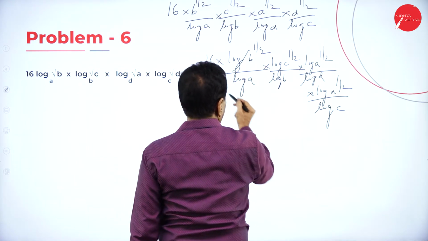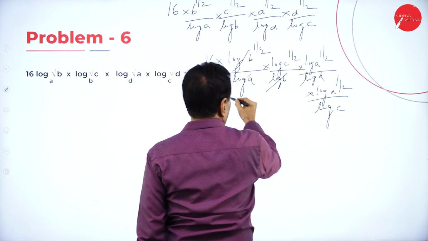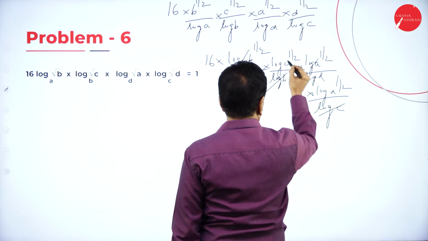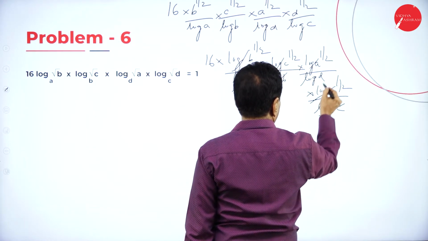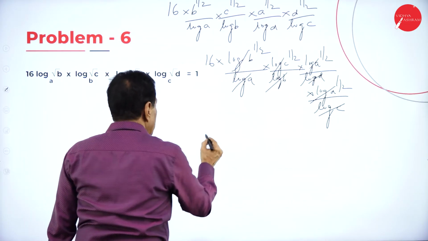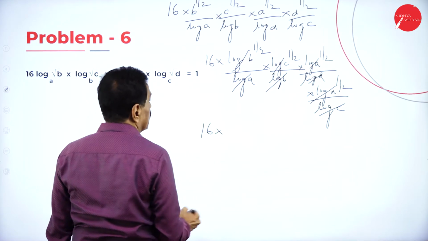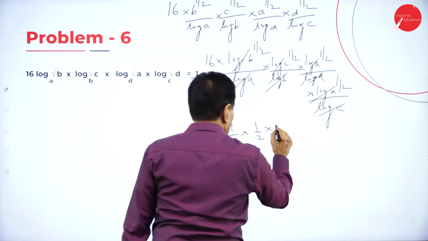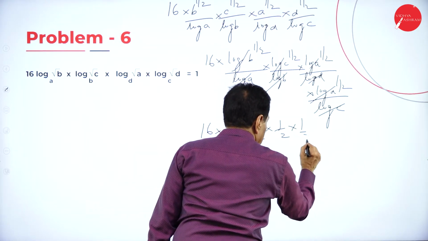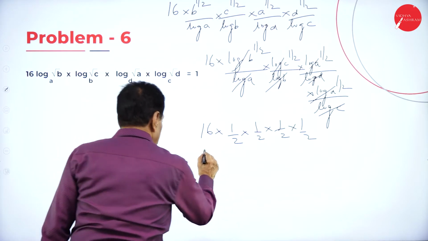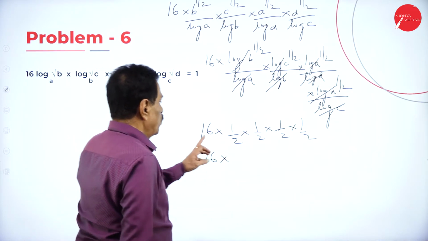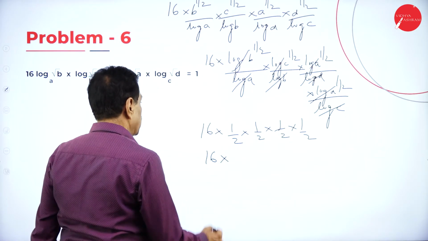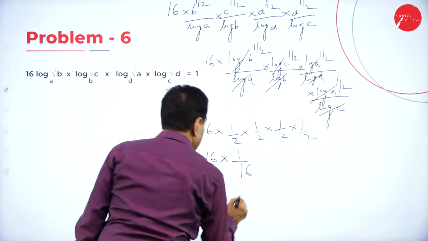Cancel log b, log b, log a, log c, log d, log d. What is left over? 16, 1 by 2, 1 by 2, 1 by 2, 1 by 2. 16 into 2 2s are 4, 4 2s are 8, 8 2s are 16. This is 1 by 16.